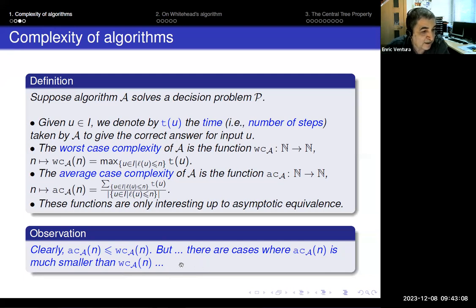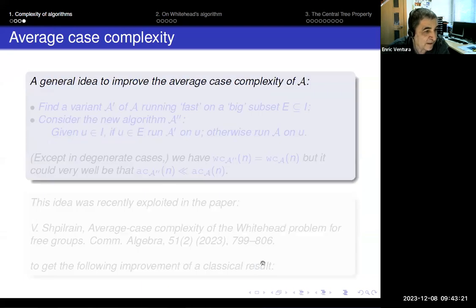Meaning that maybe our problem has instances that are very hard compared with most of the instances that are much easier to solve. Okay, and a very naive, very easy idea to try to improve the average case complexity: suppose you have your favorite algorithm.